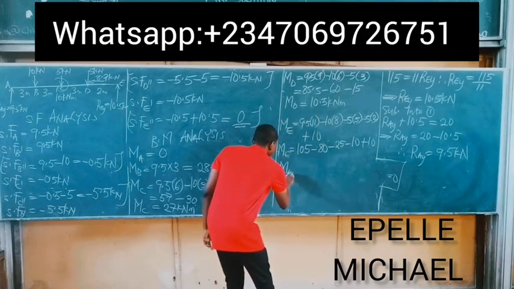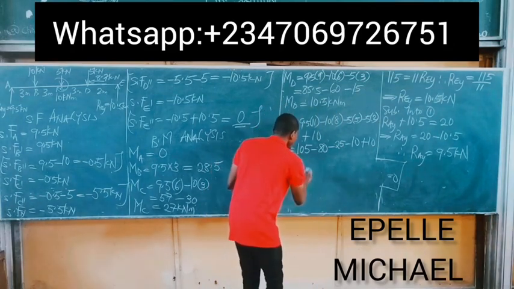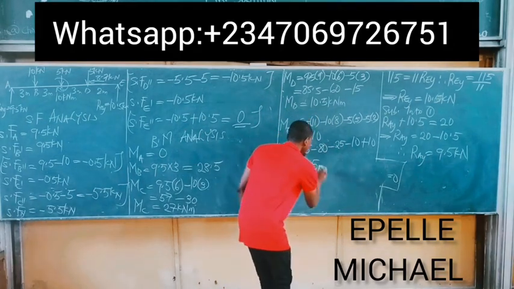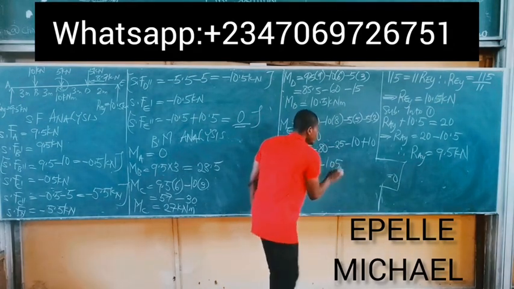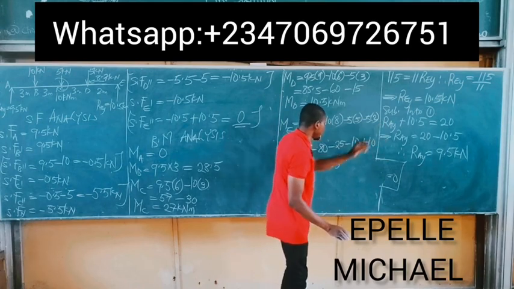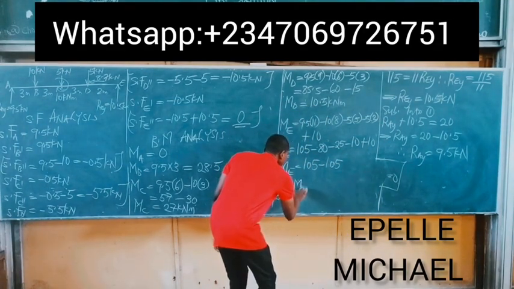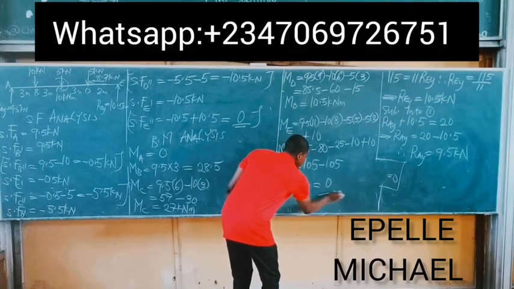So moment at E is simply equal to 105 minus 80 minus 25, that is minus 105, minus 10 plus 10 is 0. 105 minus 105, this simply implies that moment at point E is simply equal to 0.